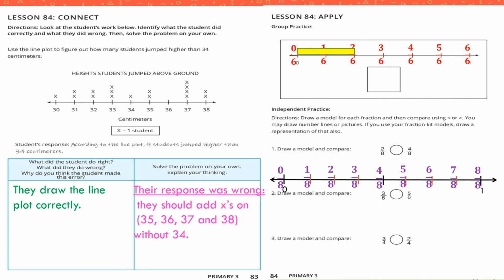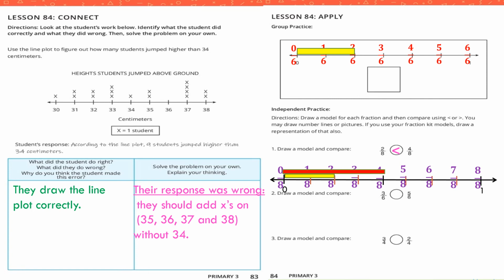You should start from the starting point 0 till the fraction, okay? So for 2 over 8, join between 0 over 8 till 2 over 8. To represent 4 over 8, you should also start from 0 over 8 till 4 over 8. Which is bigger here, the red line about 4 over 8 or the yellow line about 2 over 8? Yes, it's clear, 4 over 8.